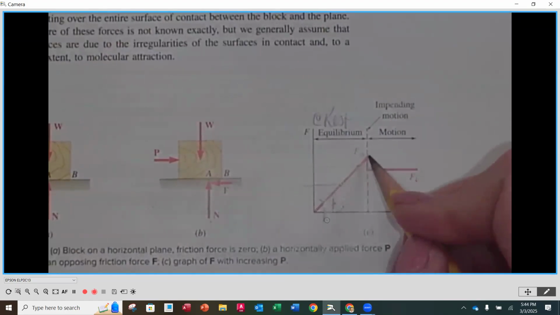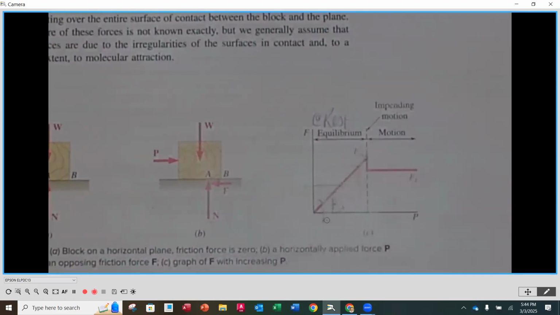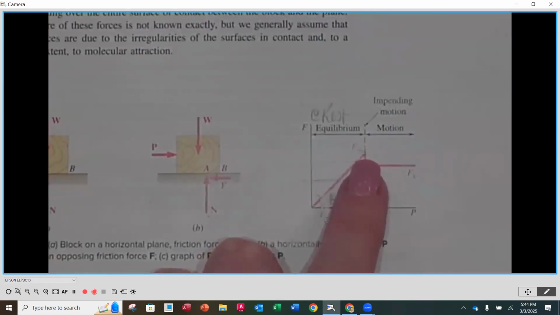But I'm going to get to a point right here. This is called FM, the maximum friction force. It's the highest force on that graph. It's the force at which I'm just about to start moving. Motion is going to happen any second, right before I break away and move that crate.